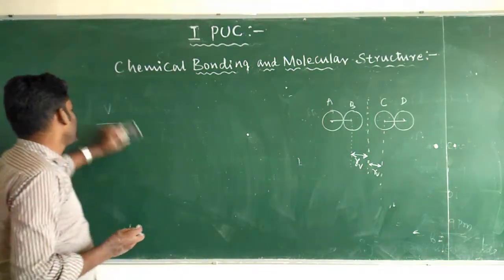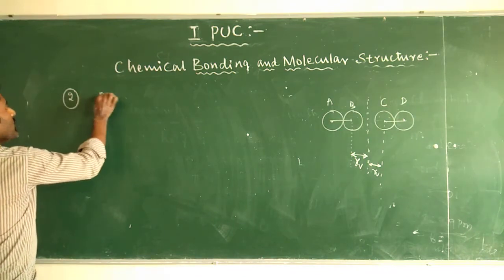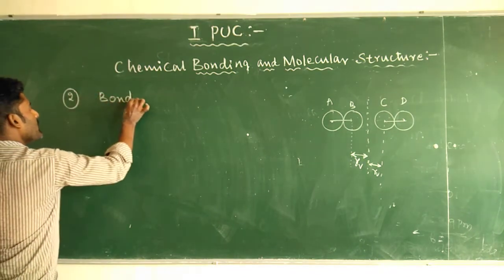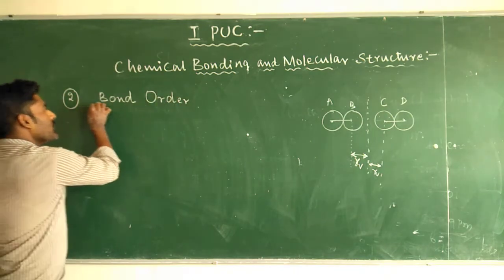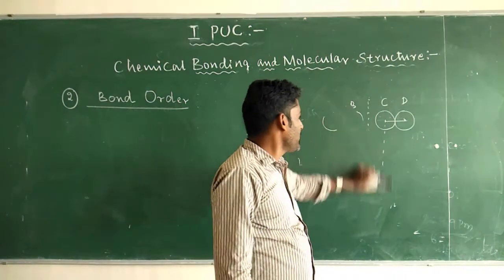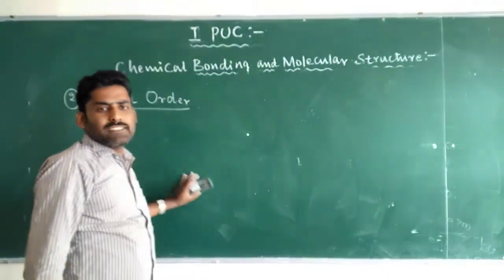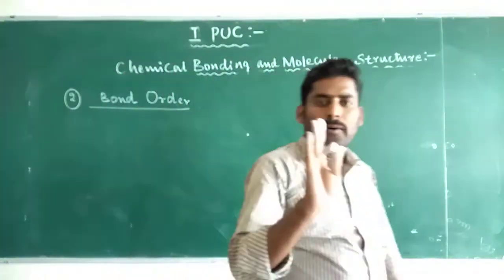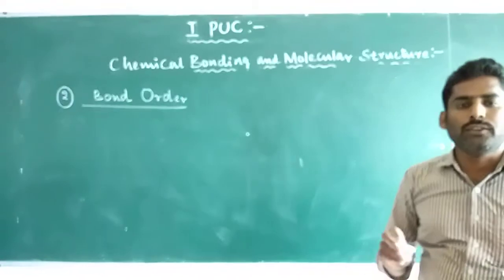Okay, next. The second bond parameter is bond order. Bond order is nothing but the number of bonds present between two atoms in a molecule.